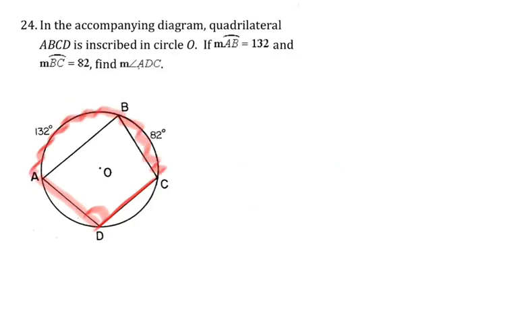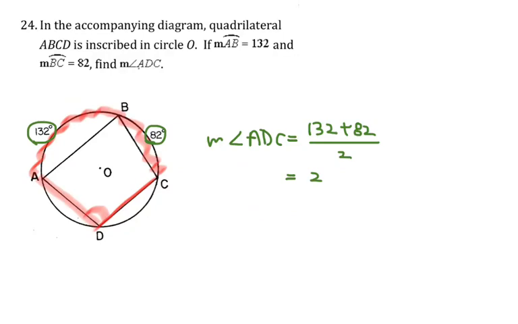In other words, we need to combine 82 and 132. So the measure of angle ADC is equal to 132 plus 82, combined together, divided by 2. So here we get 214 divided by 2, so the answer becomes 107 degrees. That becomes our final answer.